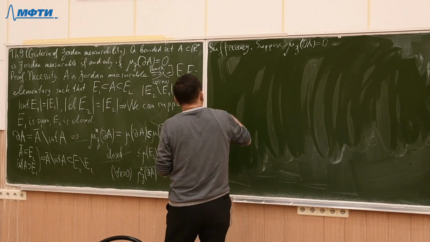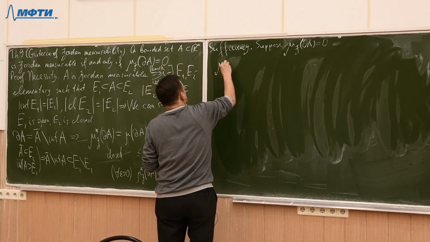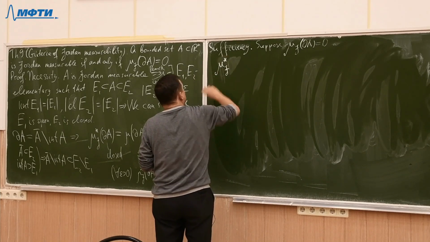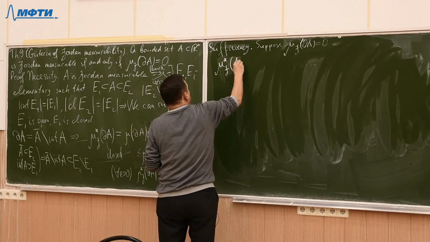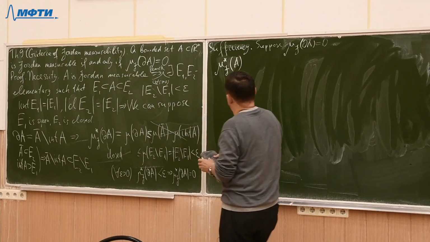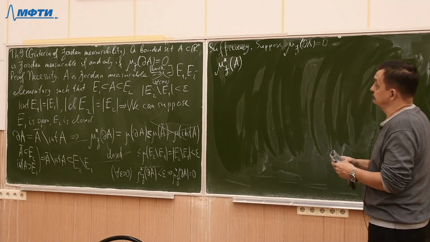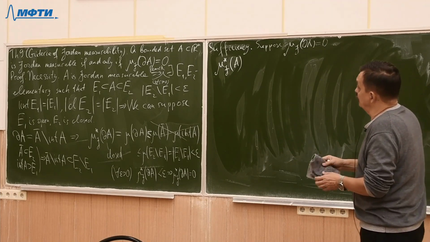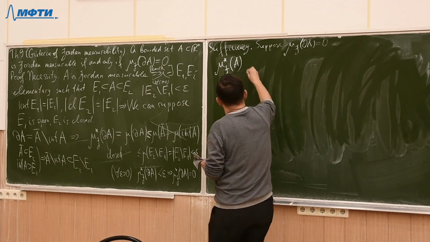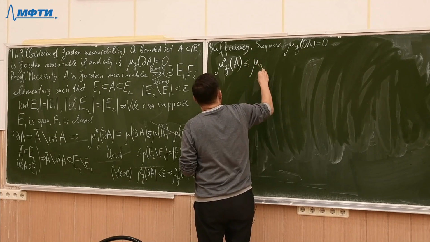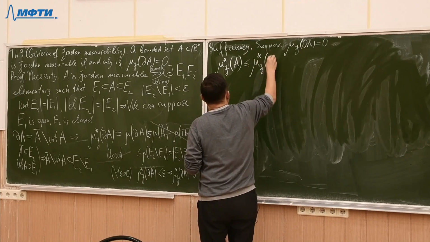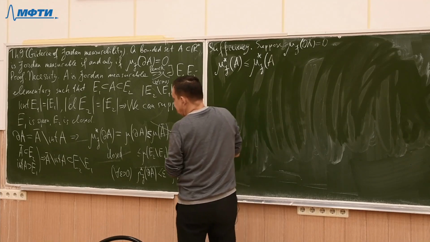Okay, let's start with the outer Jordan measure of our set A. That is less or equal than the outer Jordan measure of the closure.